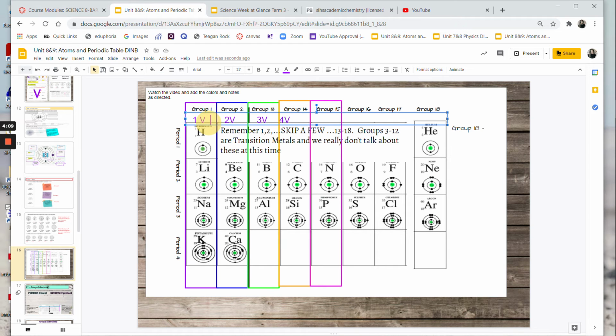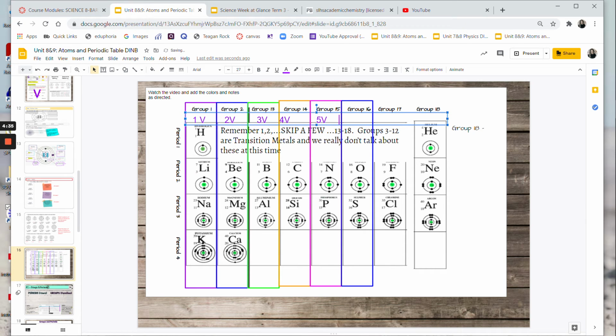So look at group 15. Everybody in group 15 is going to have 5 valence electrons. If you count the electrons around nitrogen's last energy level, that's 5, and phosphorus works the same way. Okay, group 16, everybody's going to have 6 valence electrons, because if you take away the 1, you're going to have 6.